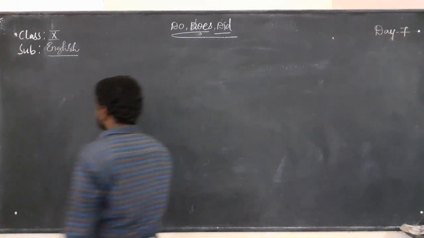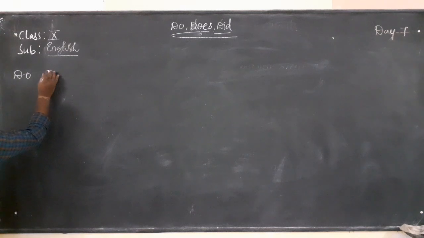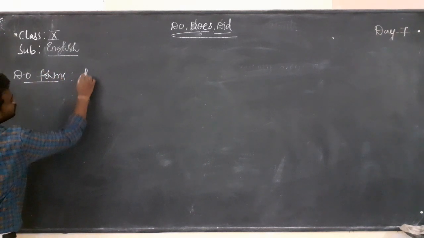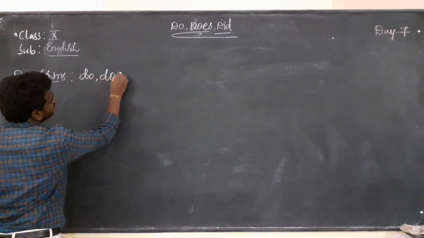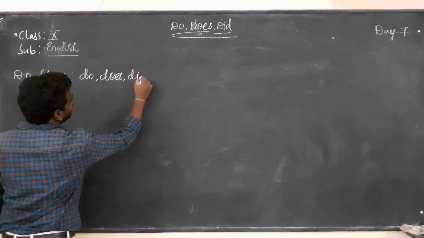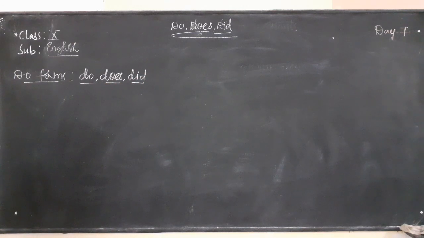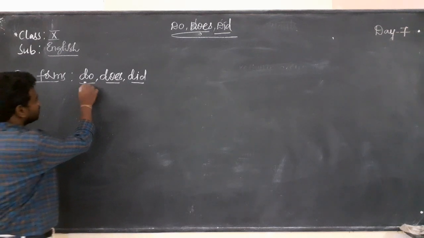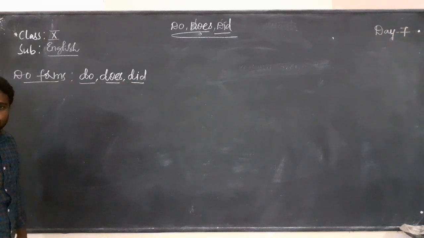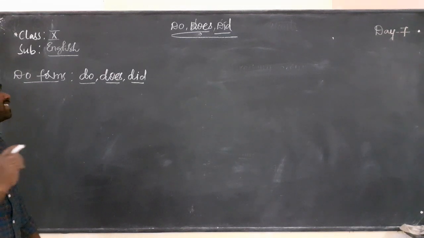So what are the do forms here? Do, does, and did. Do, does, did. These are the do forms. These do, does, and did are used with present tense and past tense in sentences.